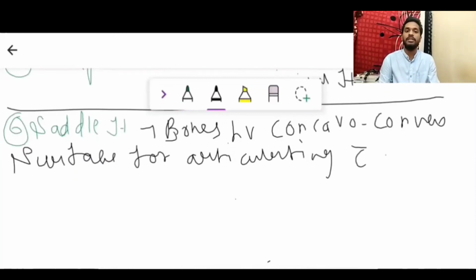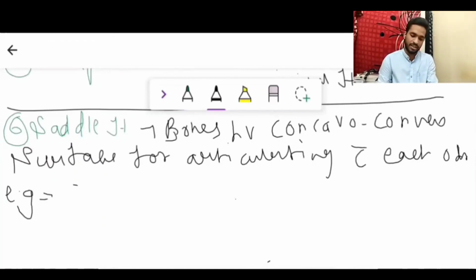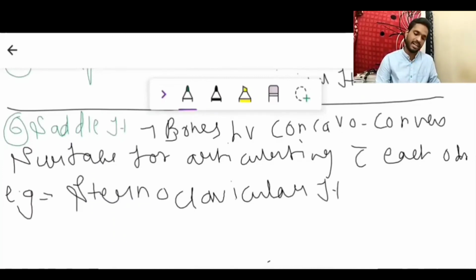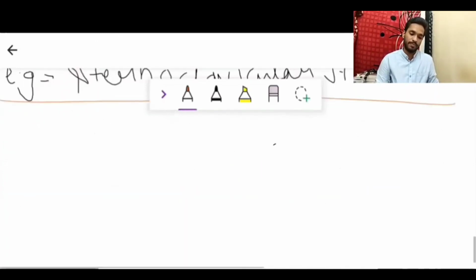A very common example is the sternoclavicular joint. So the joint between the sternum and the clavicle is an example of saddle joint. What was the example of acromioclavicular? It was the plane joint.